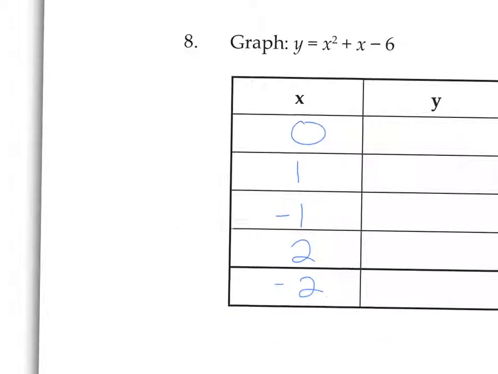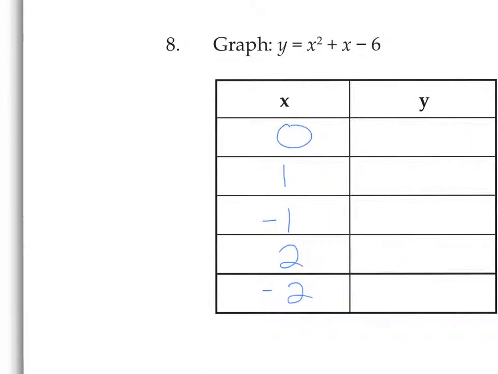So we need a little space to do some evaluate here because this looks kind of complicated. So if x equals 0, we're going to put 0 in here for x. So we'll have y equals 0 squared plus 0 minus 6. Well, zeros are 0, so it looks like y equals negative 6 here.